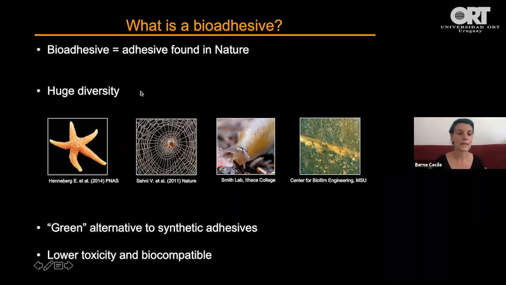You can find them in more complex organisms, like a snail, a starfish, or a spider, of course, like bacterial biofilm. So there is more and more interest in bioadhesives, for a few reasons. First, because it can be a green alternative to synthetic adhesives.